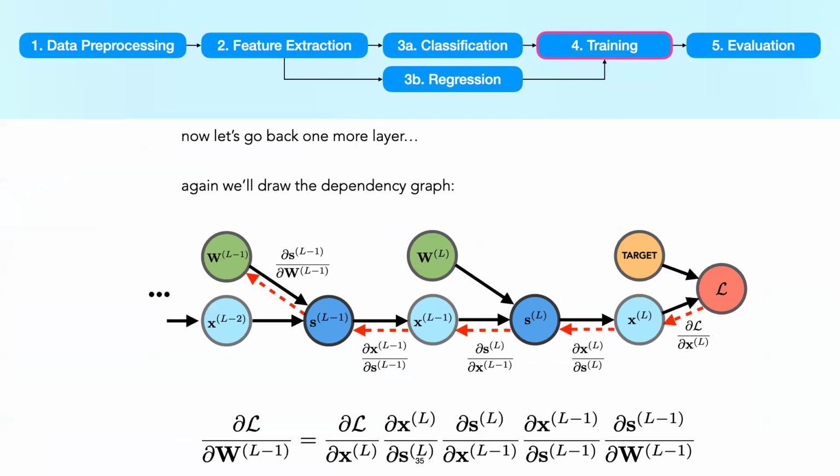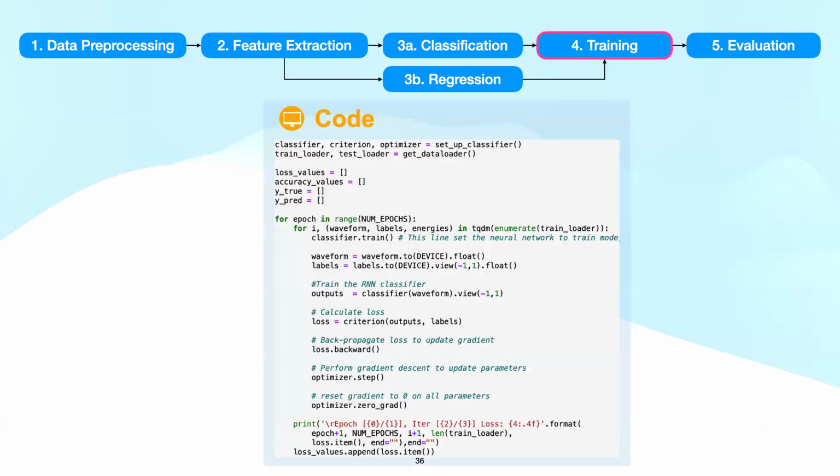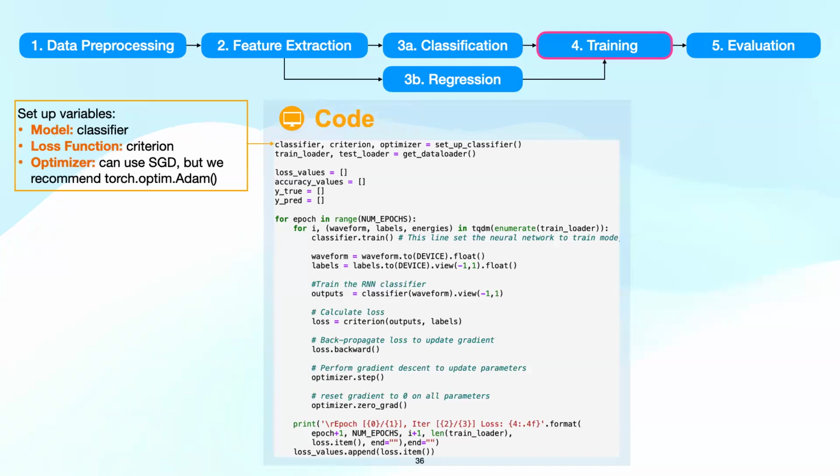And if you have one more layer, you can reuse the previous result you calculated up to here, and then you just move one step further. In this way, you can calculate the derivative of your loss with respect to your parameter, your kernel, your weight parameter W_{L-1}. I have been spending a lot of time discussing how to do this, but you will see it's actually very simple to code it in a neural network.